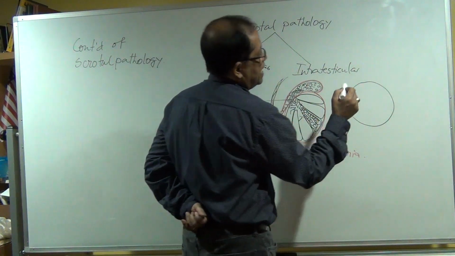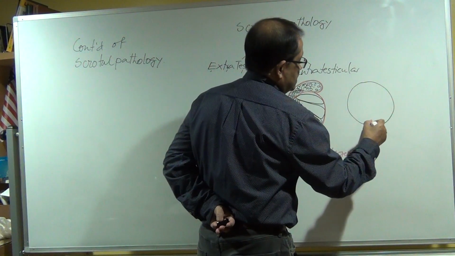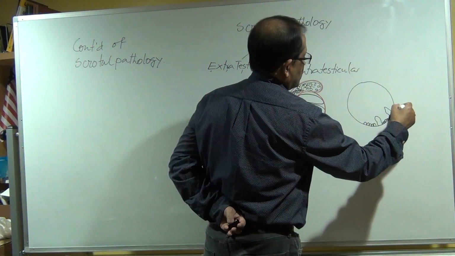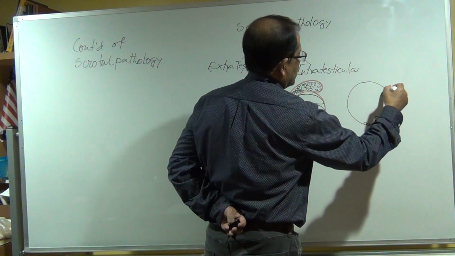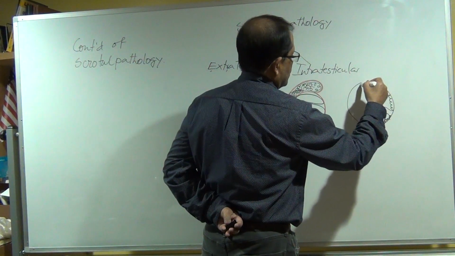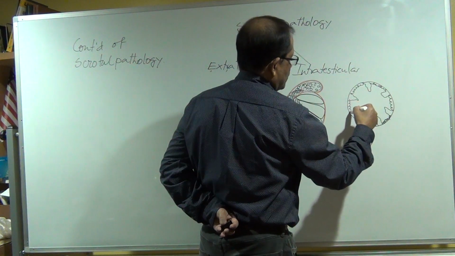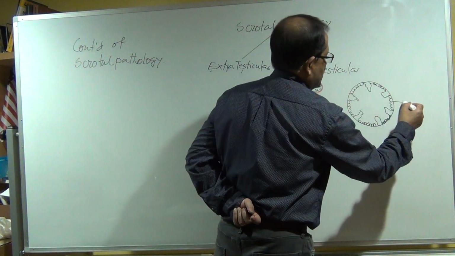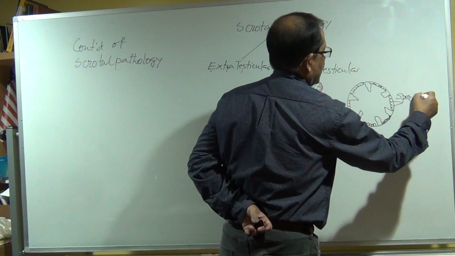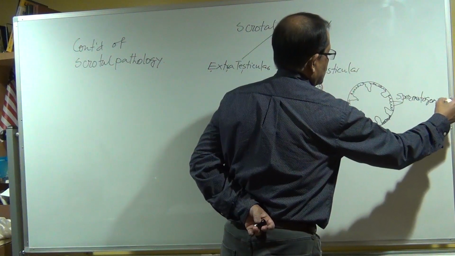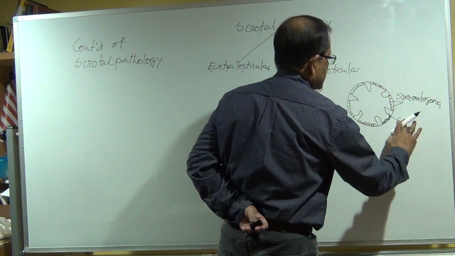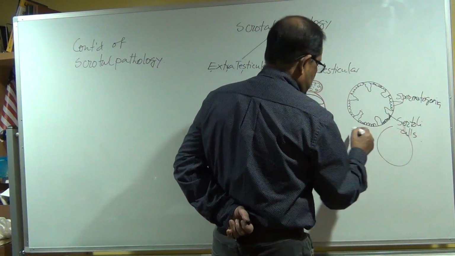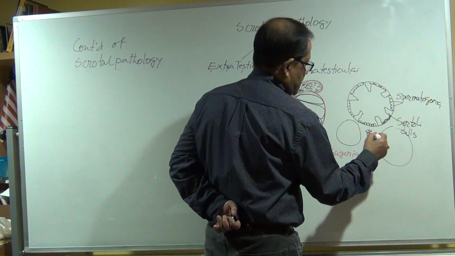These seminiferous tubules can have pathology, and because they have cells, okay, they have spermatogonia, they have Sertoli cells, and in between the seminiferous tubules there is a cluster of cells.